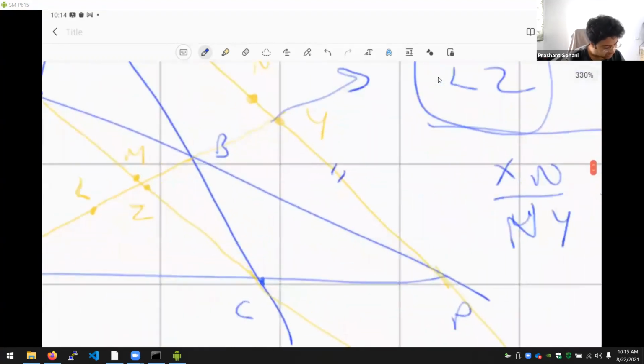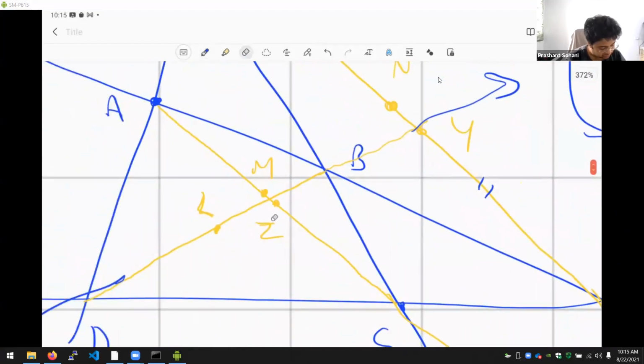Let me just fix the diagram. It's not clear where the point m and point z are, so let me redraw that part a little bit. So this is our point z, and the midpoint m may be somewhere here.